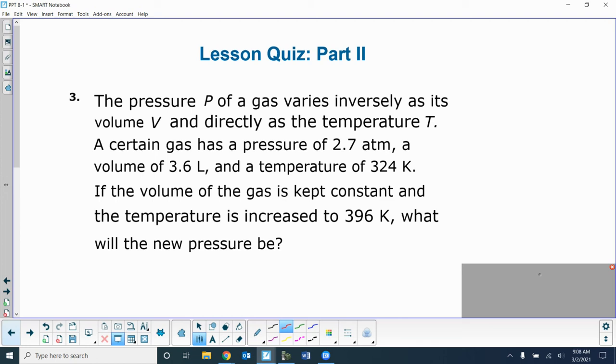Said the volume is kept constant, the volume was. Now it's P. Equals.